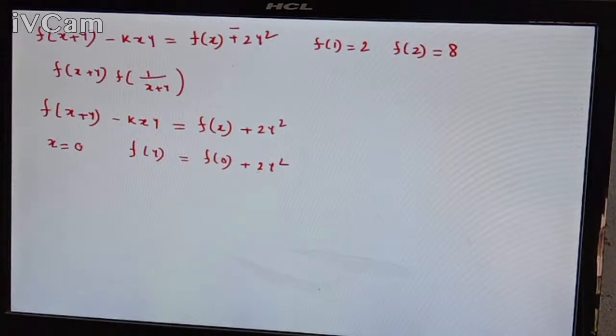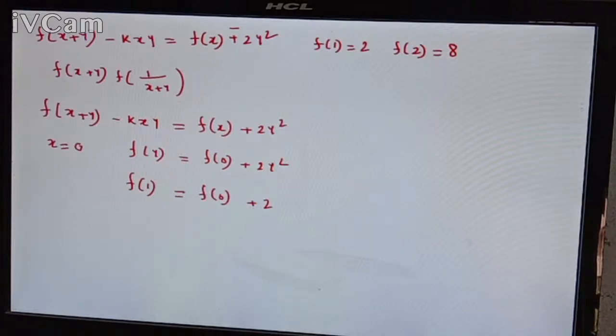Now one question, in this case, as f of y equals f of 0 plus 2y square, if I substitute this y by 1, then f1 equals f0 plus 2.